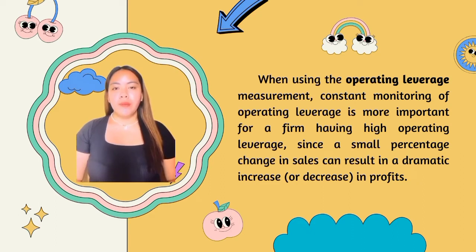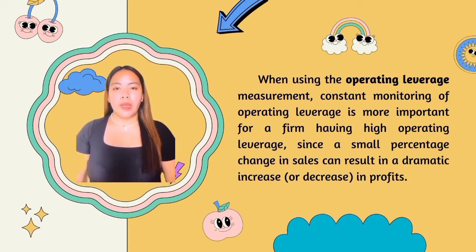So a firm must be really careful in forecasting sales in this kind of situation, since a small forecasting error translates into much larger errors in both net income and cash flows.